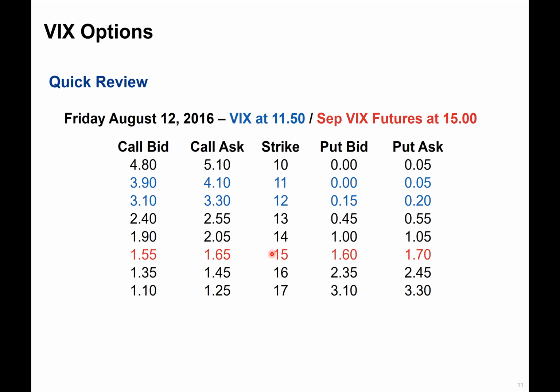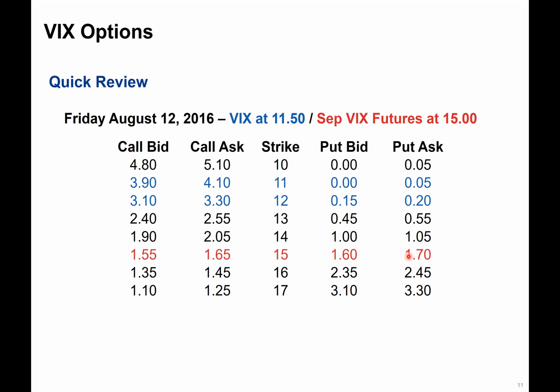Now, again, if you think VIX is going to remain down at 11.50, you could buy the 15 strike put for $1.70. And if over time VIX drifts down to the 11.50 price point, and VIX doesn't move at all, that $1.70 would turn into, I think, $1.80 profit, if I'm doing the math right in my head.